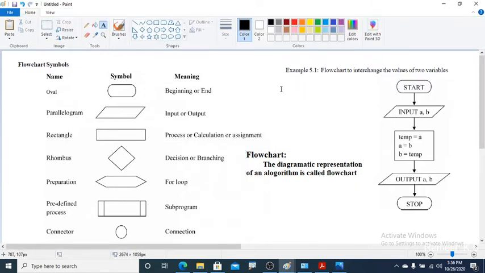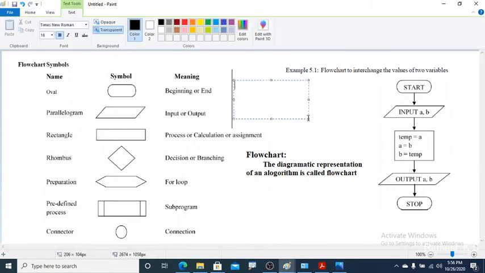Let us take one example. Suppose I write one simple, small algorithm. Step 1: start. Step 2: input a, b.